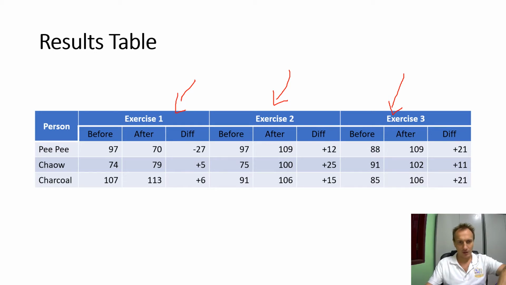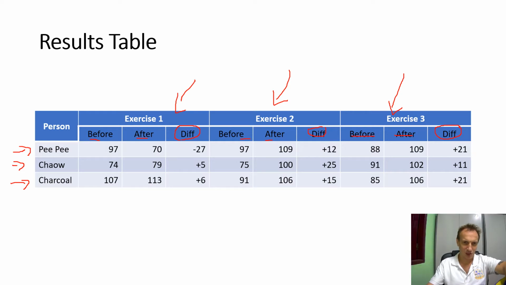For each, we need to have 3 people: Tono, me, and Lala. For each exercise, we should have 3 columns: heart rate before, heart rate afterwards, and the difference. So before, after, difference, and before, after, difference. And if you watch the video, then you should be able to complete all these different numbers.